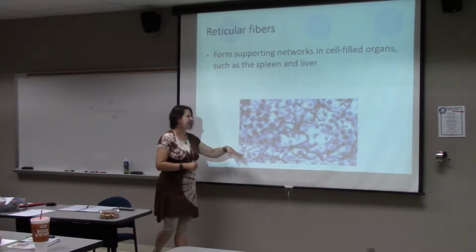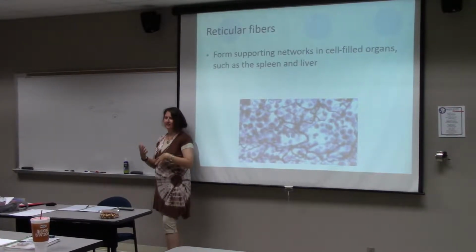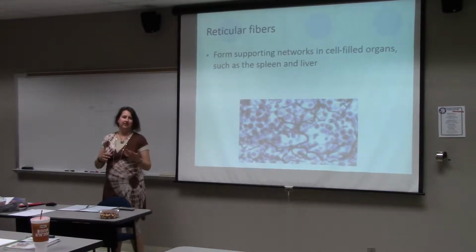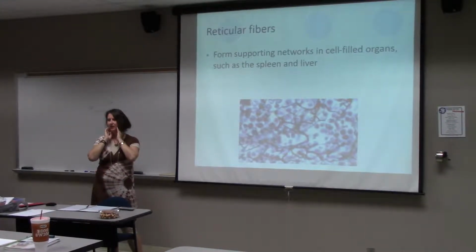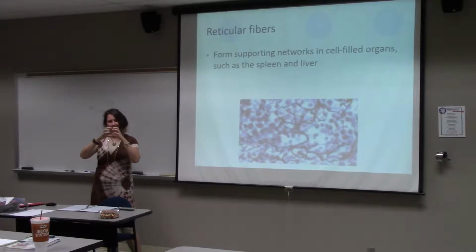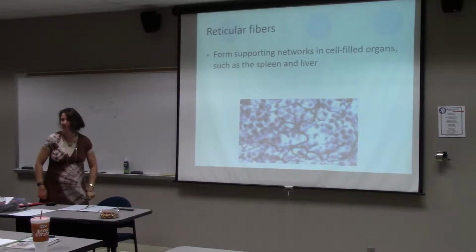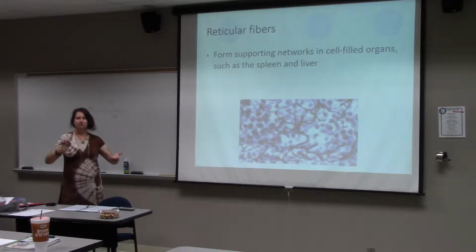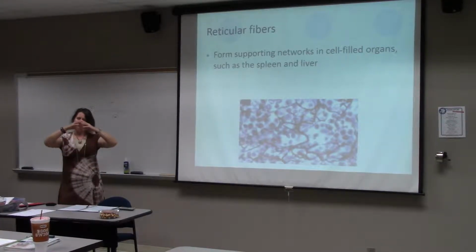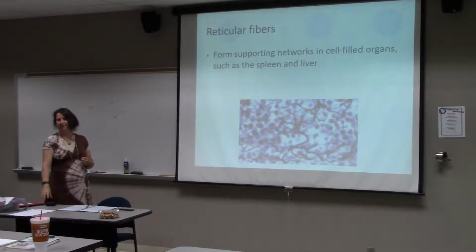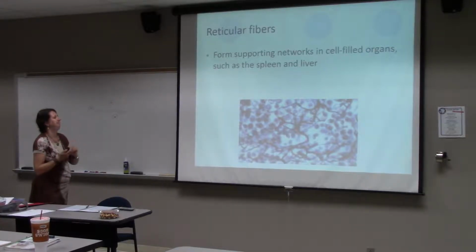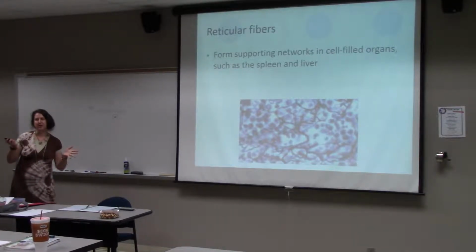These are used in certain organs like the liver and spleen and lymph nodes, those little things that get swollen in your neck when you're sick, to just hold the structure of the organ. So they don't provide a lot of protection from damage, but they keep the organ from just squishing in on itself. Questions on fiber types?